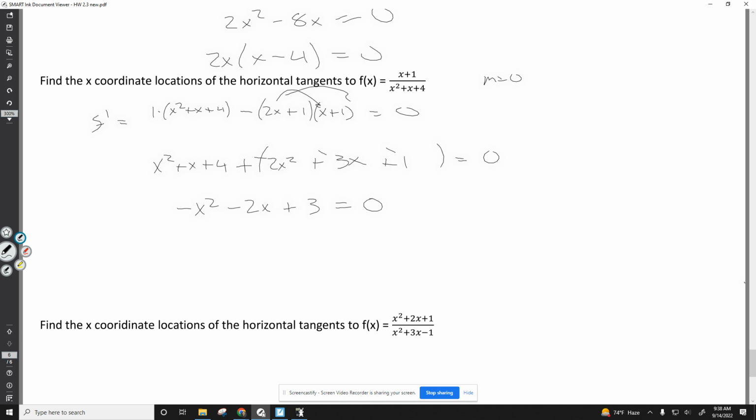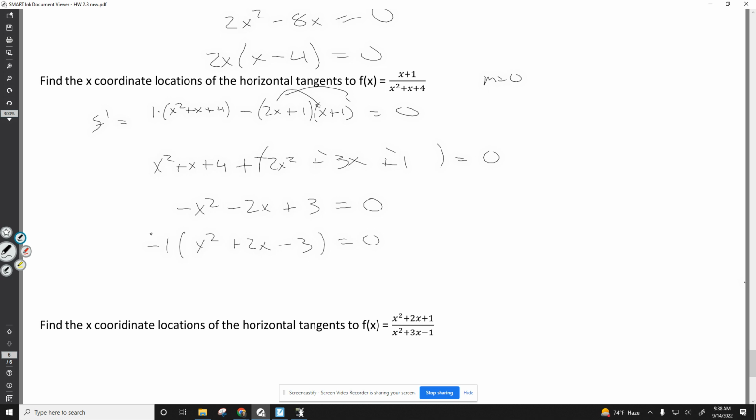Now, you could divide negative 1 out of all of these terms, but I'm going to caution you from doing that for the future. In the future, signs of our derivatives are super important. So what I'm going to tell you to do is to actually just factor out the negative. That way you know it's still there.